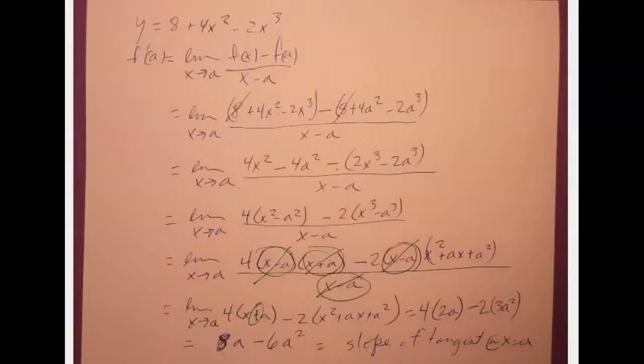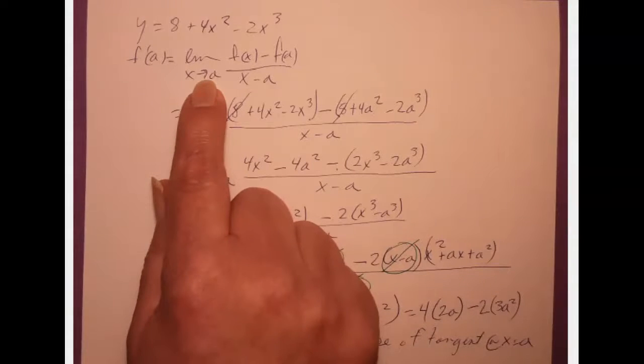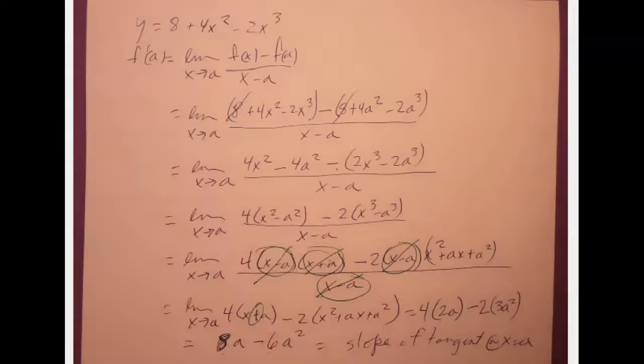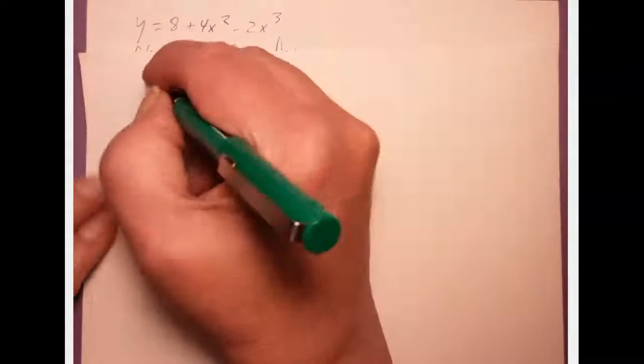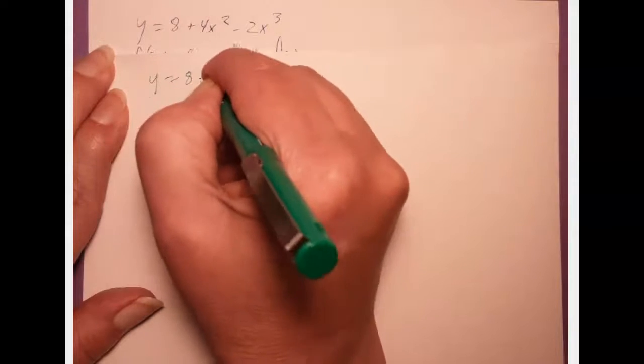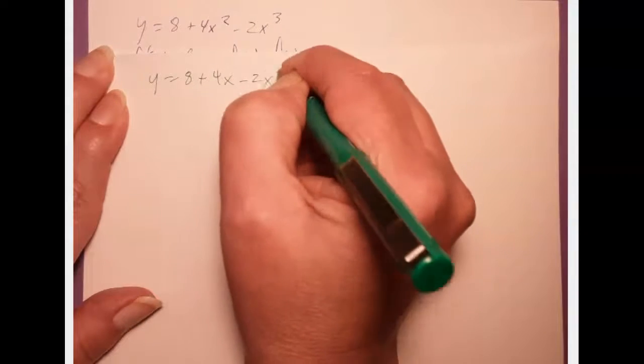So we just ran through and found the equation of this tangent line, and we used the limit definition of the derivative, the general form, to find f prime of a, using the x goes to a form of the derivative limit definition. So let's redo this problem. Y equals 8 plus 4x squared minus 2x cubed, using the other definition of the derivative.